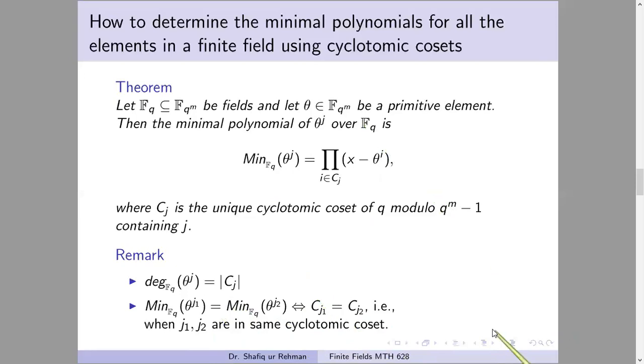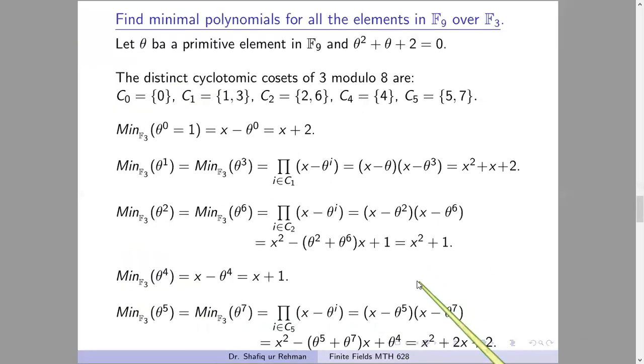And now here is an example. In this example, I will illustrate how to use that formula to find the minimal polynomials for all elements of the finite field.